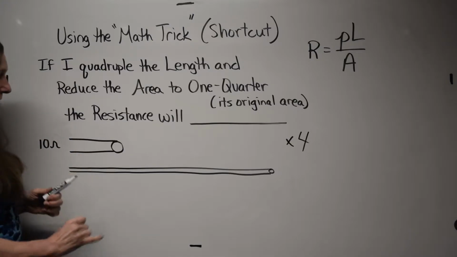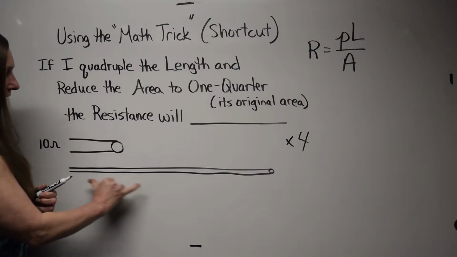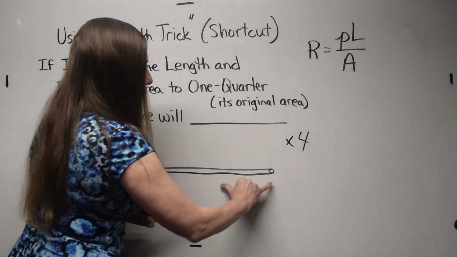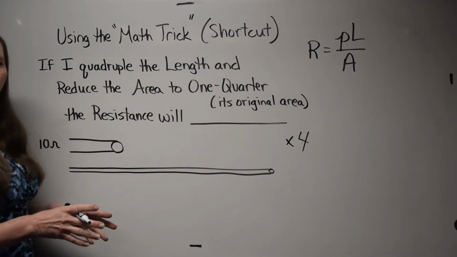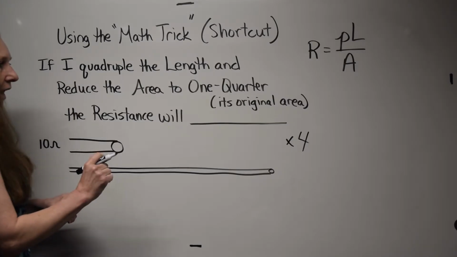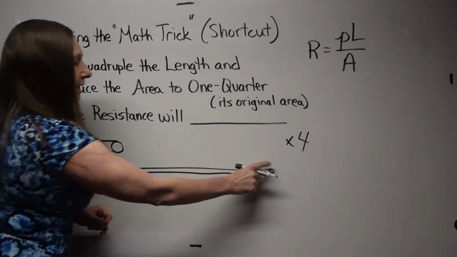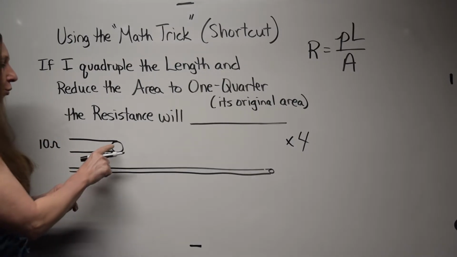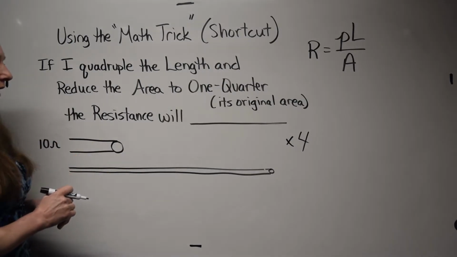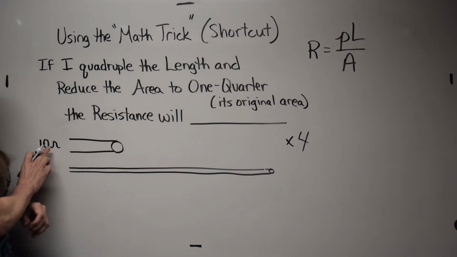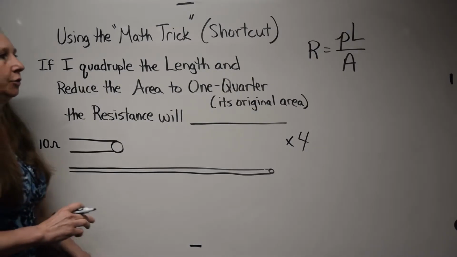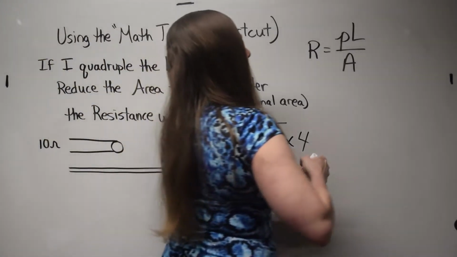If I quadruple the length, right? 1, 2, 3, 4. This one is now 4 times the length that this one was. But I reduce the area. We make the area smaller. We make the area 1/4 of the original area. Okay, what's going to happen to the resistance? Now, the original resistance is 10 ohms.